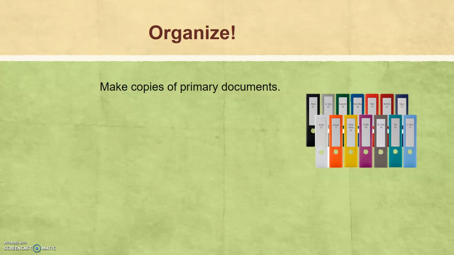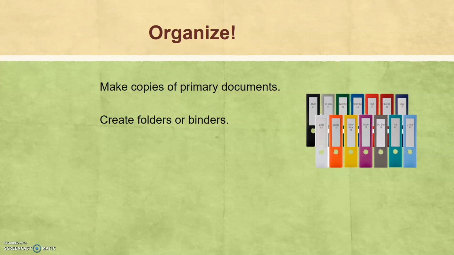What I mean by primary is your vital records, your birth, marriage, death certificates. Make sure you make a copy and keep that in a binder or keep it in a safe place, the same as you do with your original. Just make sure that you have those extra copies there for you, and also scan them in. Have a digital copy and have a backup of that digital.